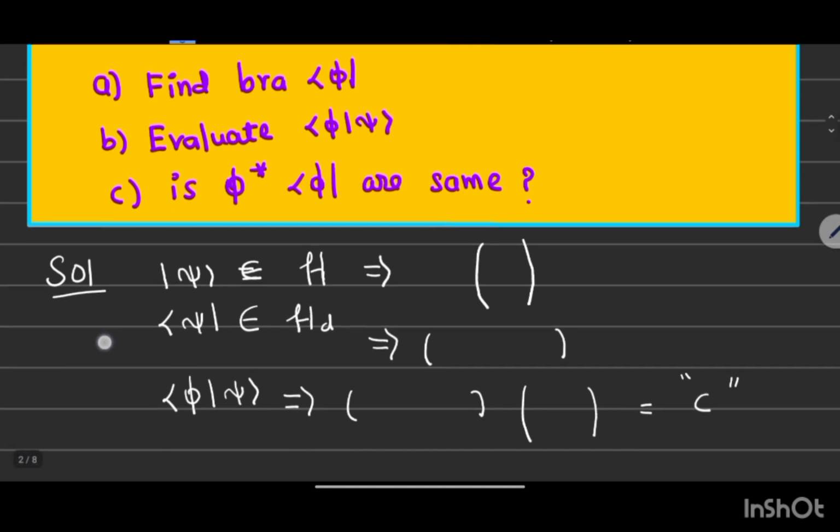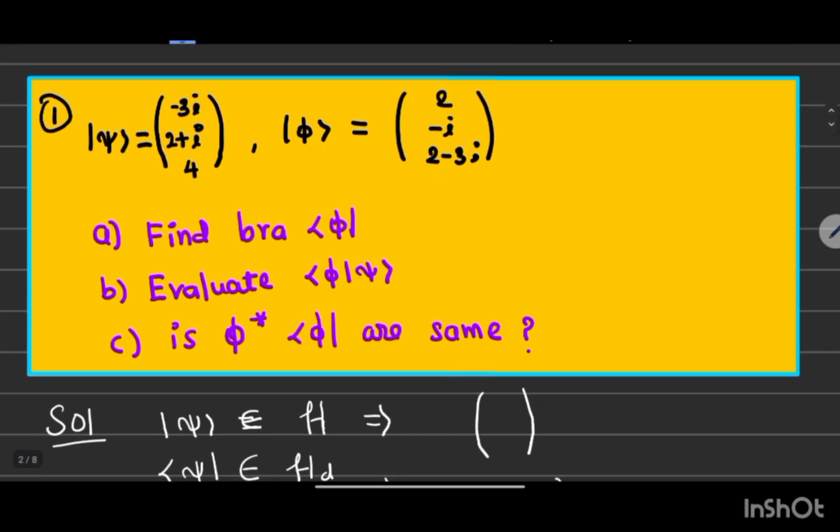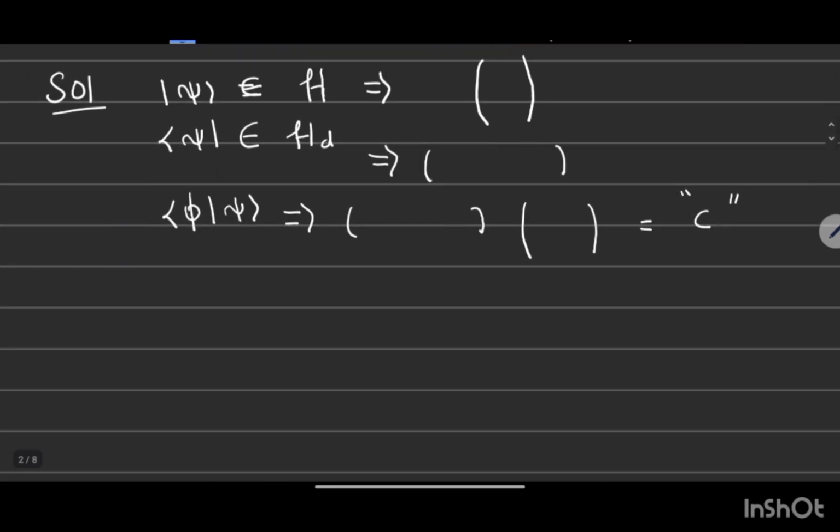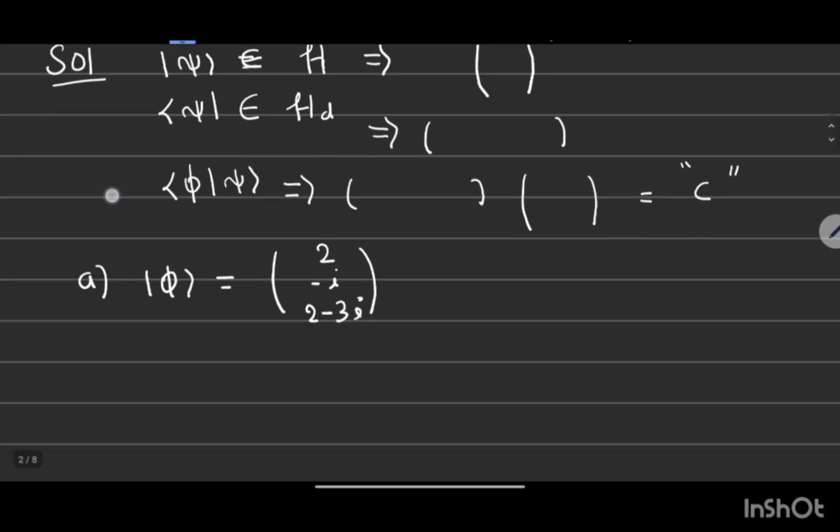Okay, so the given ket vector phi is (2 minus i, 2 minus 3i). What is the corresponding bra vector?